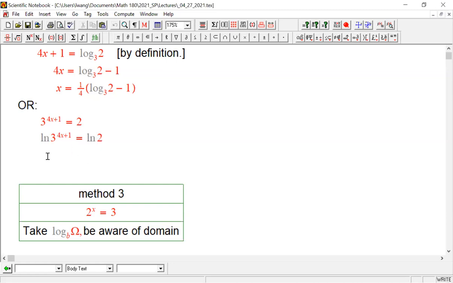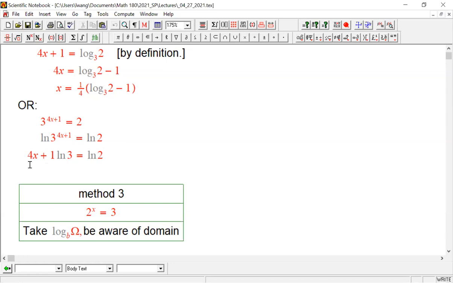The narrative here is, if this is true, then this is true. So we take the natural logarithm on both sides, and then by power rule, we have 4x plus 1, natural log 3, equals natural log 2.